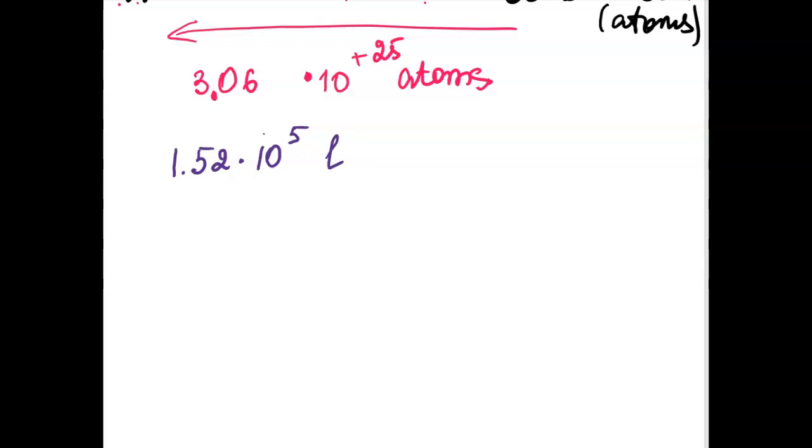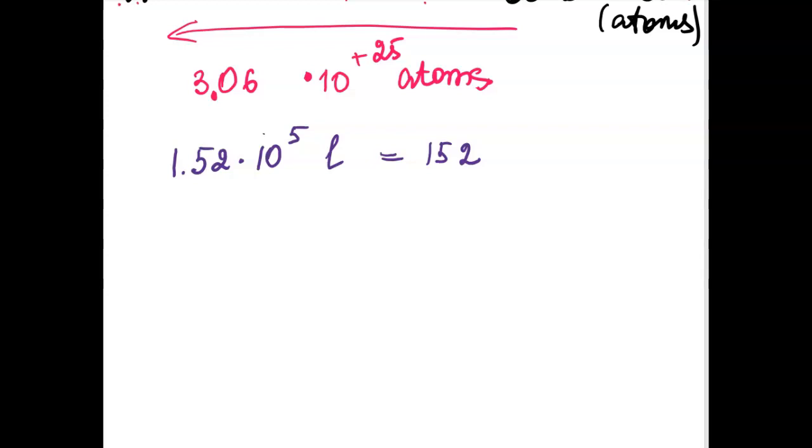So this is the same as, you write down all these numbers which are given as a base. So 1, 5, 2, and you don't need the decimal point here. And afterwards you pay attention to this exponent.